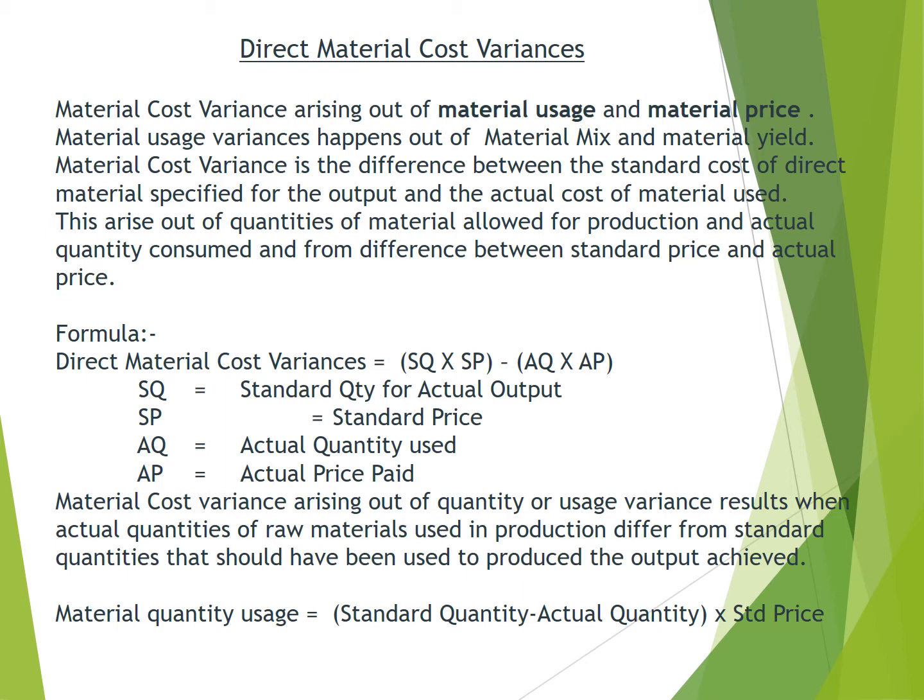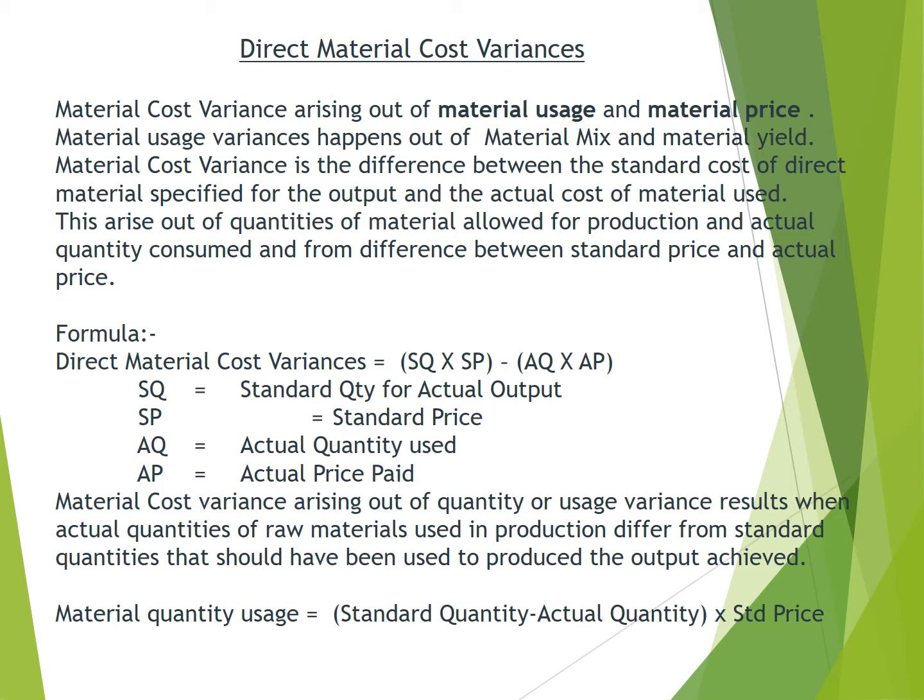Again, this material usage variance happens in two ways. First one is material mix. Material mix means different raw materials are used for production of a particular product. In that, each raw material has a specific standard quantity to be used. But when the mixing is done, there can be a variation in the actual mix.